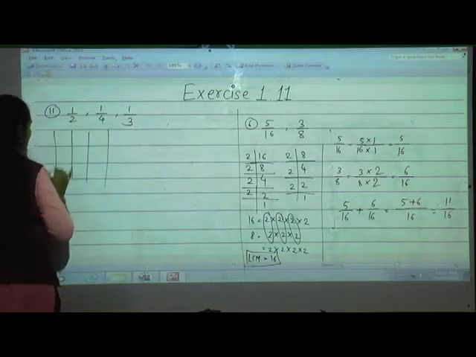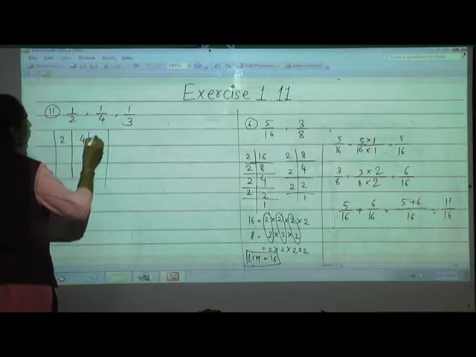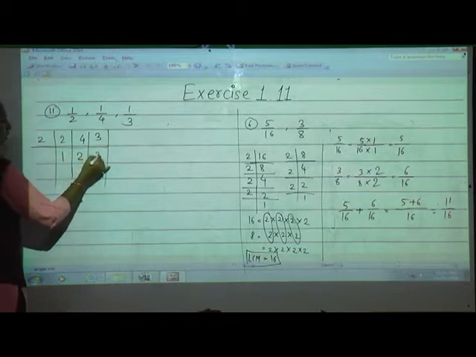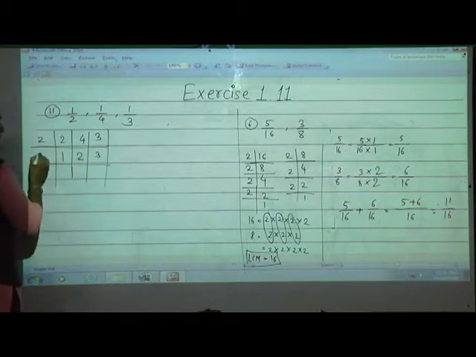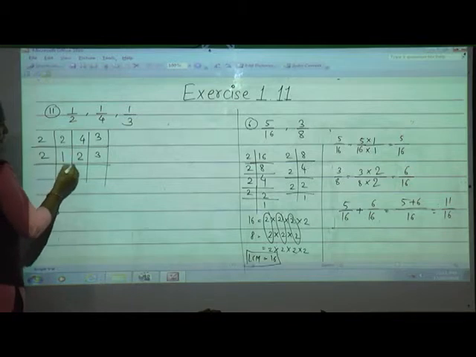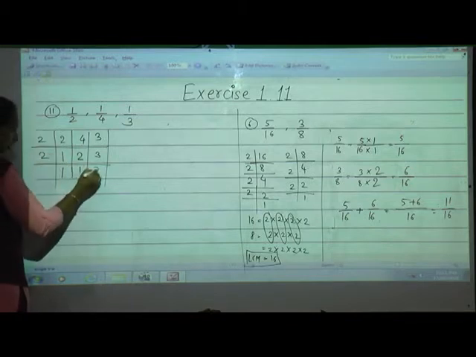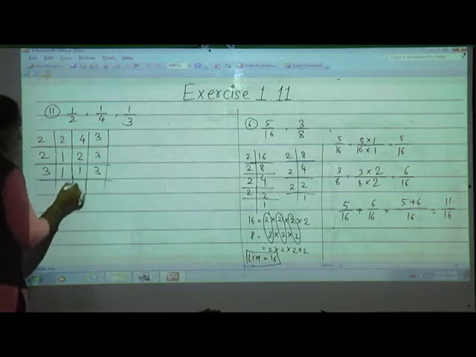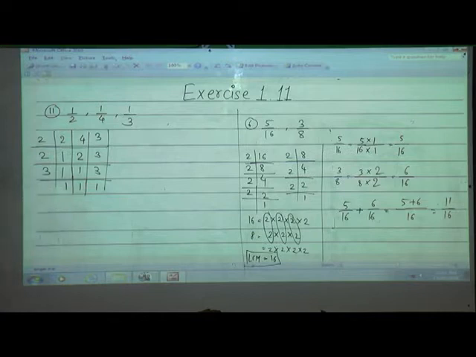So together I will find out, students, for 2, 4 and 3. I will start with 2. 2 ones are 2, 2 twos are 4, 3 will remain as it is. Now again with 2 only, 2 ones, 1 as it is, 2 ones are 2, 3 will remain as it is. Now I will go with 3, 1 will remain as it is, 3 ones are 3. So till 1 should come you have to do.